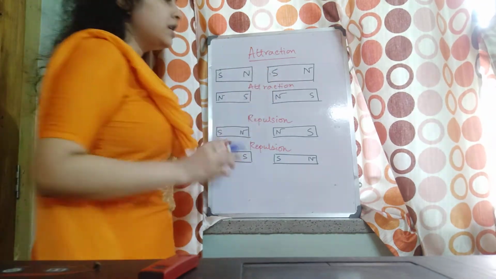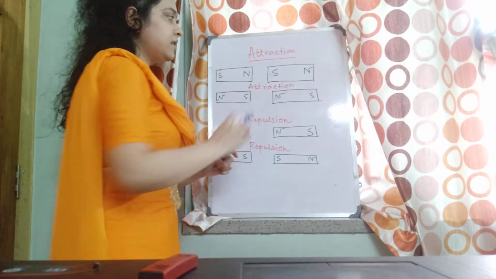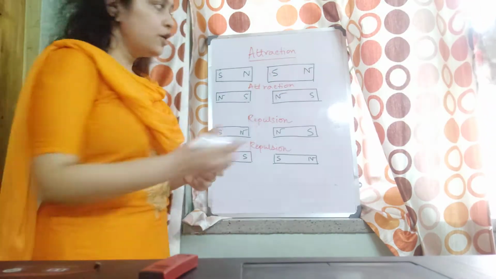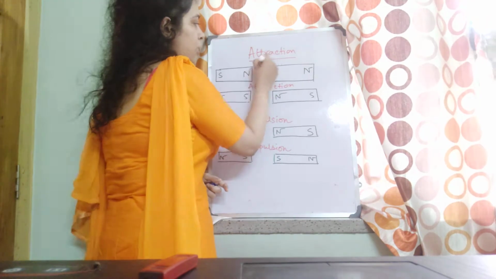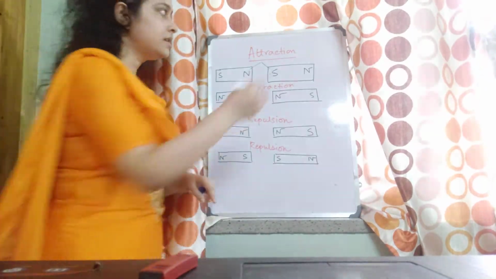North and south. They are opposite. Opposite poles or unlike poles. We call it this north-south, north-south, opposite.